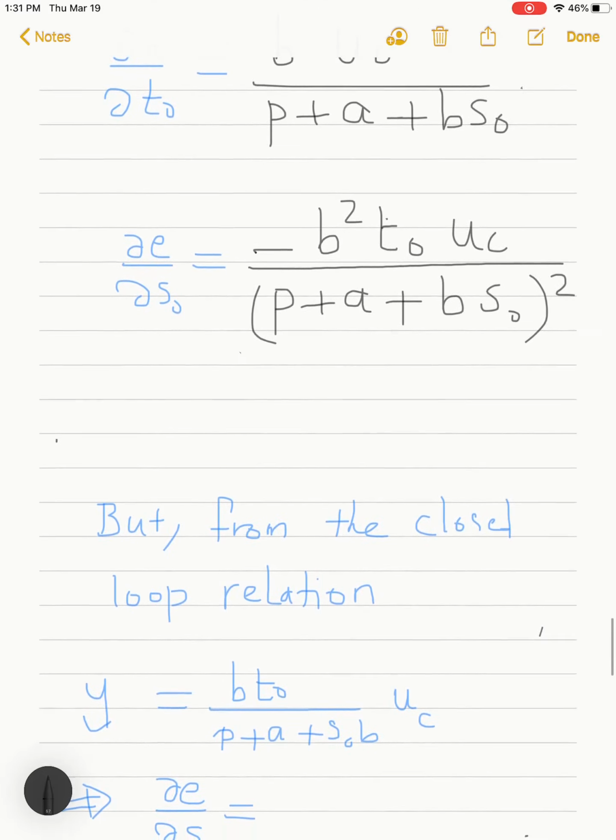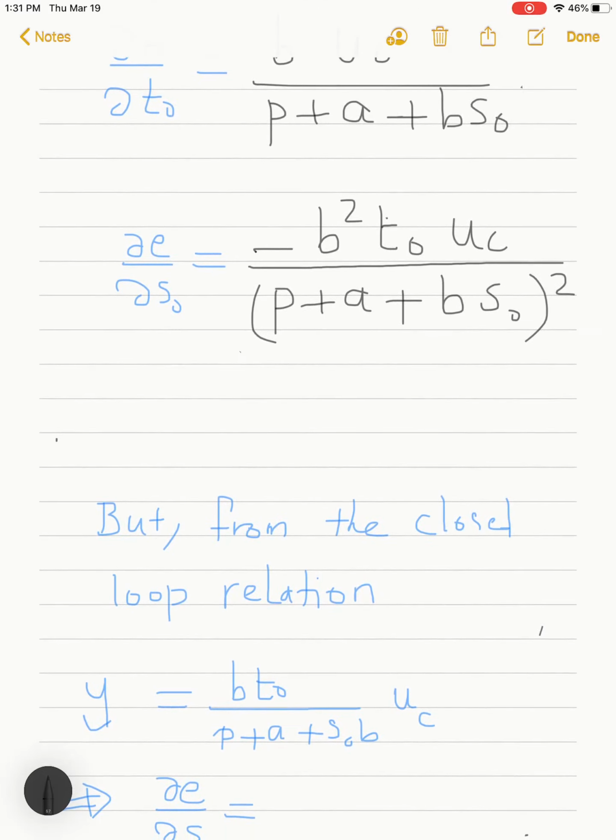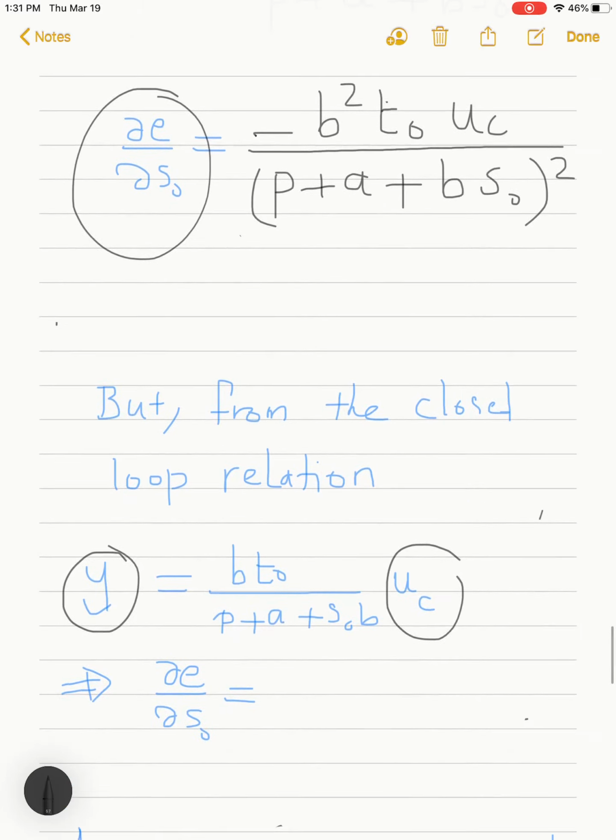Now we have derived the equation for the closed loop system, and can write the relation between y and uc in this form. And I'm going to use that to simplify the equation of the sensitivity derivative with respect to s0. So I will just take b t0 uc divided by (p + a + b s0) and replace that by y.